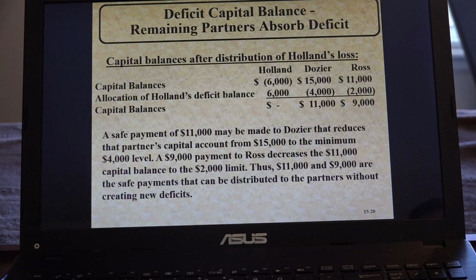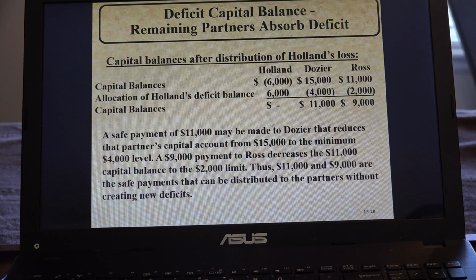Now you could do this even though, let's say they were not going to close out the partnership books, because there's pending litigation going on against Holland to get Holland to pay the 6,000.